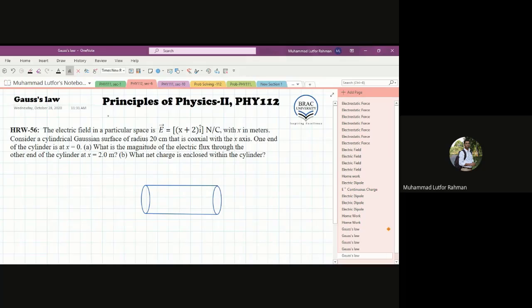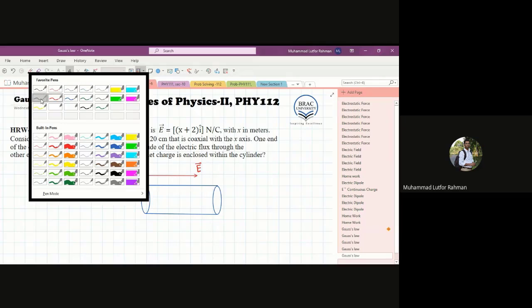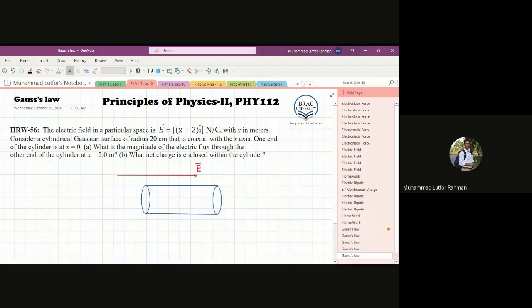If I draw the line of the electric field, this is the direction of the electric field for this cylinder, which is E. This is the surface. One surface is at x equal to 0, and this is x equal to basically 20 centimeters. Sorry, I converted to meter, 2 meter. This 20 centimeter is given over here.